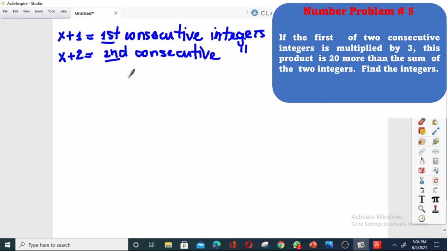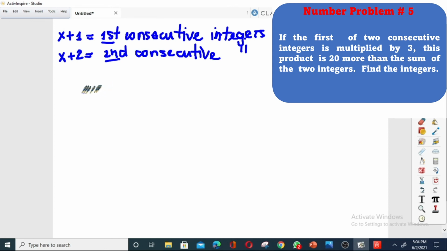Take note that it was not mentioned here the first consecutive even, or first consecutive odd number. So that's a different situation. Here it's not mentioned if it is even or odd. So if that is the case, the first consecutive integer should start from x plus 1.